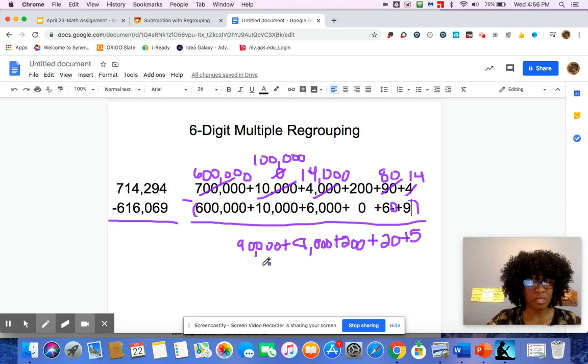So that's showing us that our answer for 714,294 minus 616,069 is 98,225. Okay, so I'm going to scoot over and write that here. And then I'll put everything here, the annotations, so that you will know.